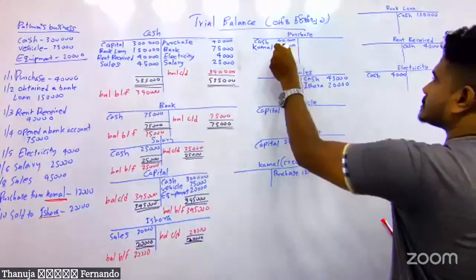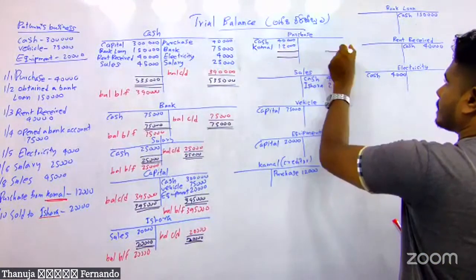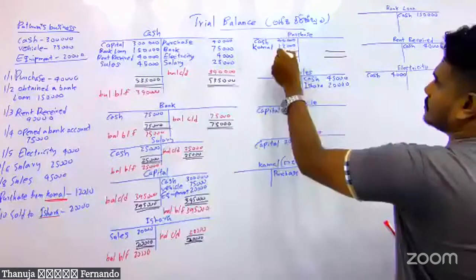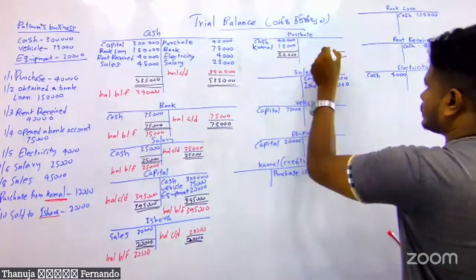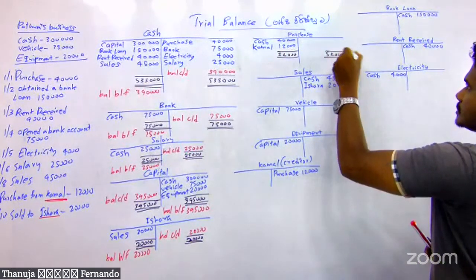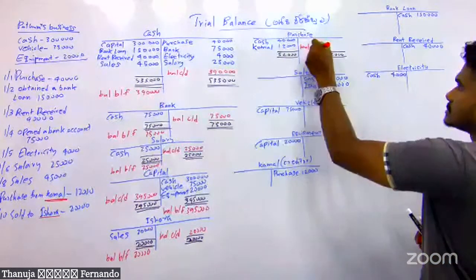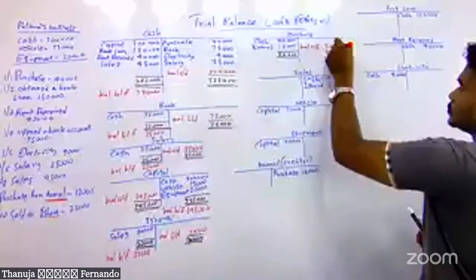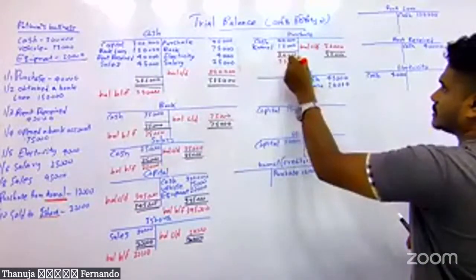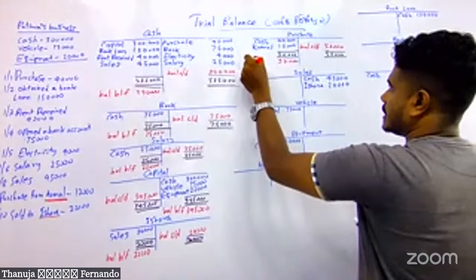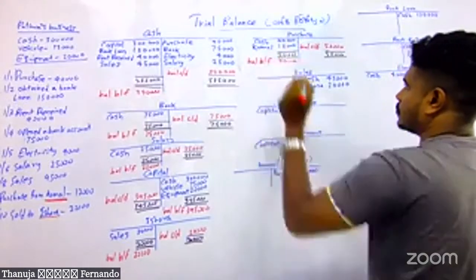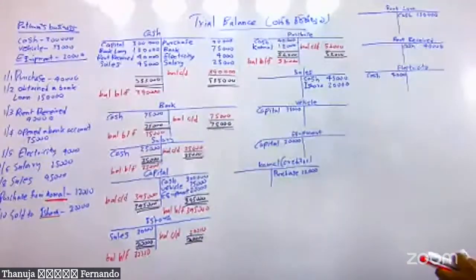And here purchase 52,000 to both sides. When we deduct 0, balance CD 52,000 and take it to the next month as opening balance as balance brought forward. Right.